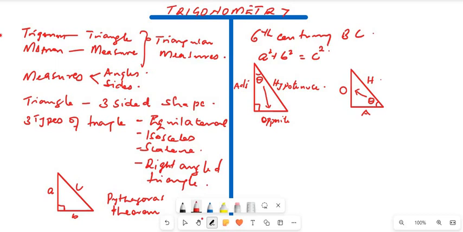Please be sure to note that the way these are named relates so much with the angle inside. And that is a simple introduction to trigonometry.